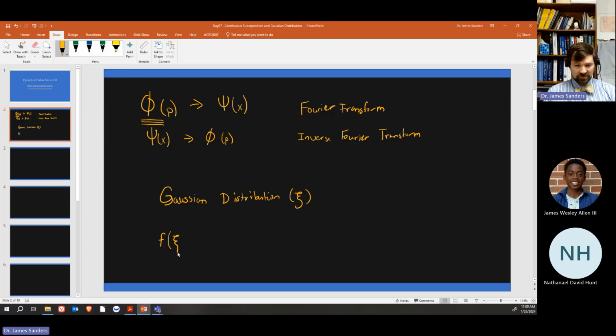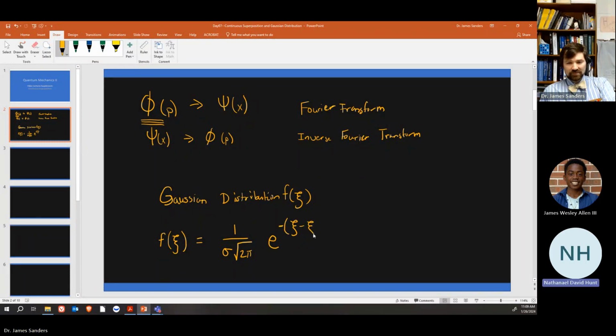So the Gaussian distribution is f of squiggle equals 1 over sigma square root 2 pi, where sigma is the standard deviation, which is the width in some sense, times e to the negative of squiggle minus the central peak, or the average value of squiggle, squared, over 2 sigma squared.